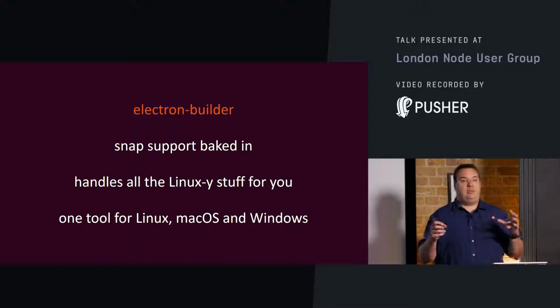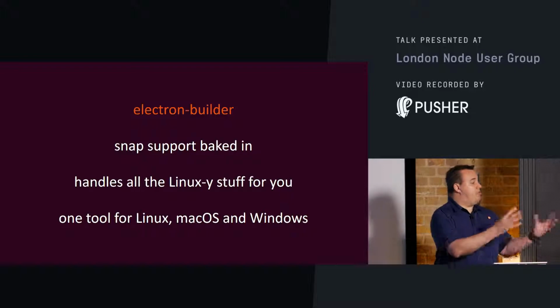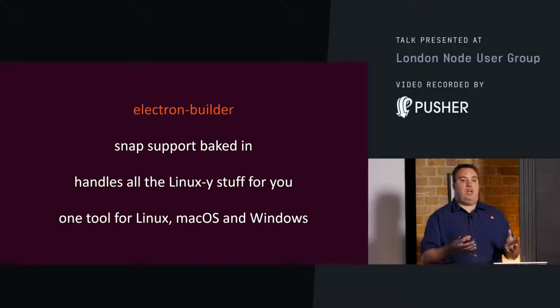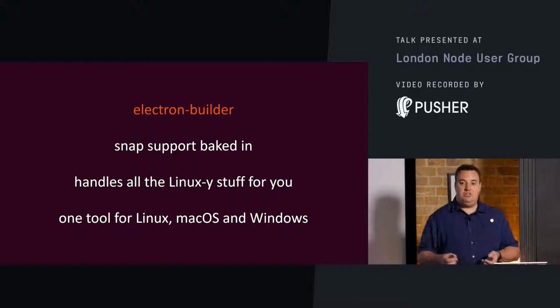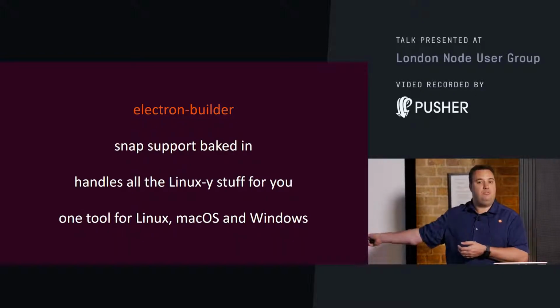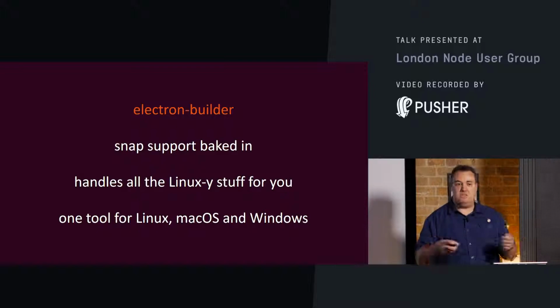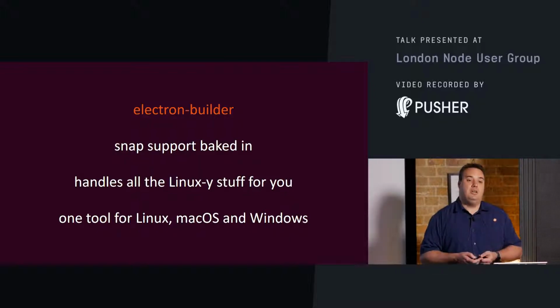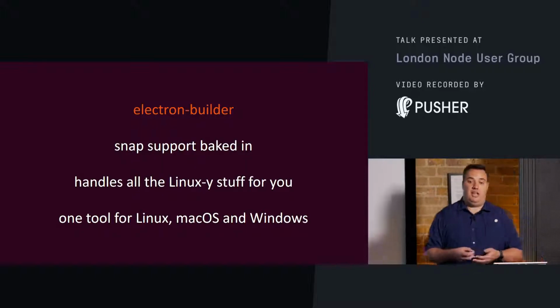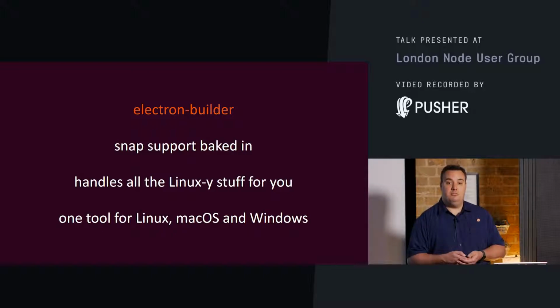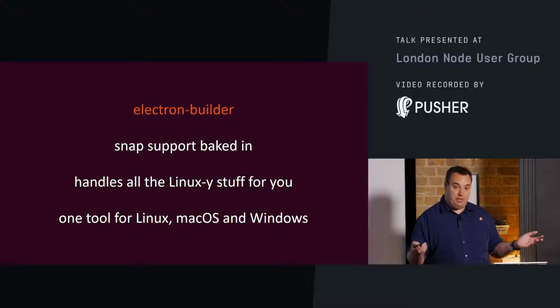And what Electron Builder does is it actually wraps up Snapcraft. So you don't have to get into the nuts and bolts of creating that YAML file that we looked at earlier, and you don't have to know what libraries you need to pull in via stage packages from the Ubuntu archive. All you do is what you're already doing in Electron, which is looking after your package.json file to tell it what stuff you need to run. Electron Builder is a Node application.